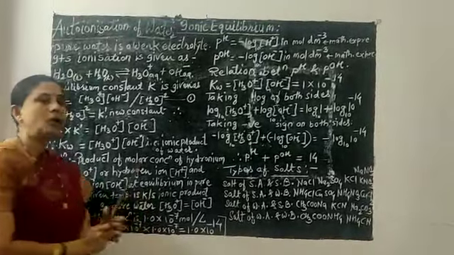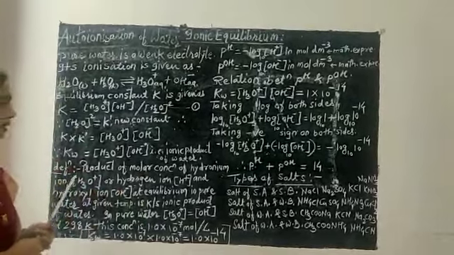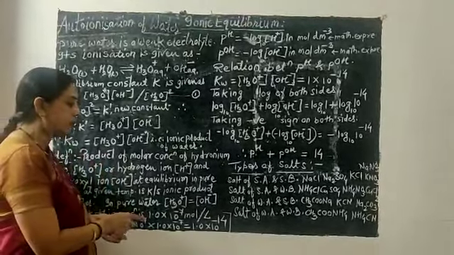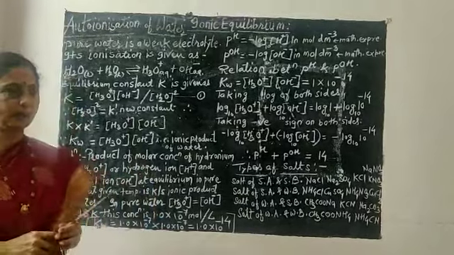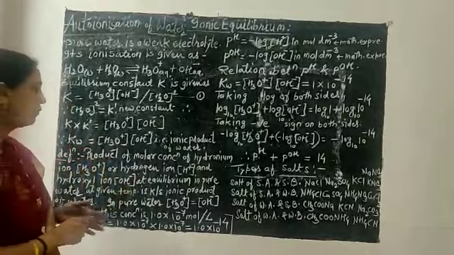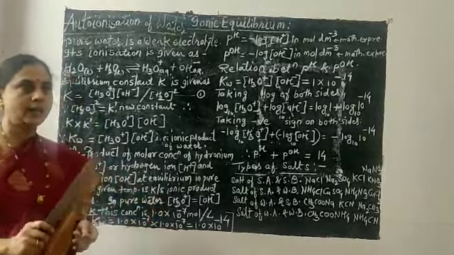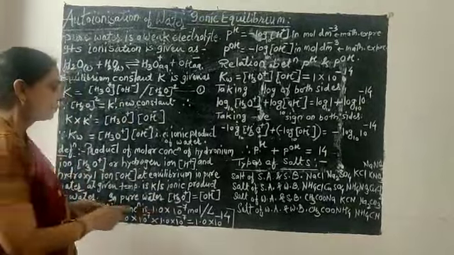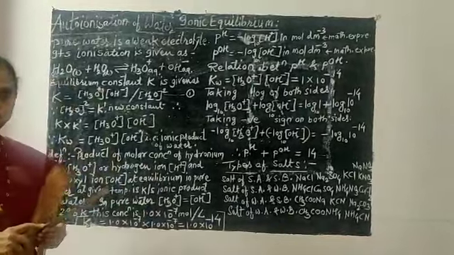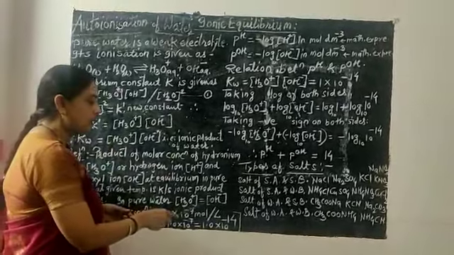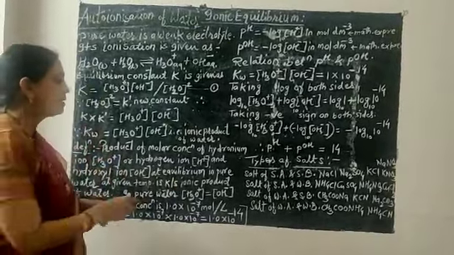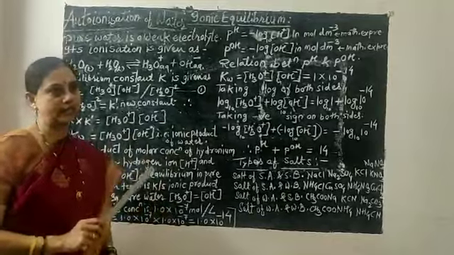Same is the case with the OH minus ions concentration. Consider, in a beaker pure water is present. That means the concentration of H plus and OH minus ions is the same. But when a base is added to the water, what will happen? Since it is a base, it will dissociate, producing OH minus ions in the solution, and therefore the OH minus ions concentration goes on increasing in the pure water, and thus the resultant solution becomes basic in nature.